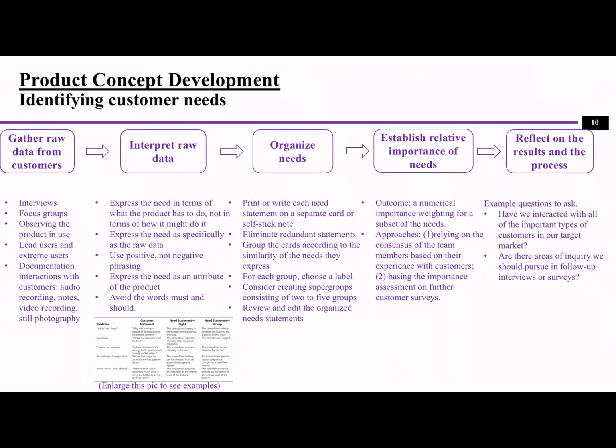Lead users are the typical users in the market, and extreme users are users who will be using the product in an extreme environment or extreme conditions, so they can test the boundaries of the product, or tell us what our requirements of the product are in those conditions.